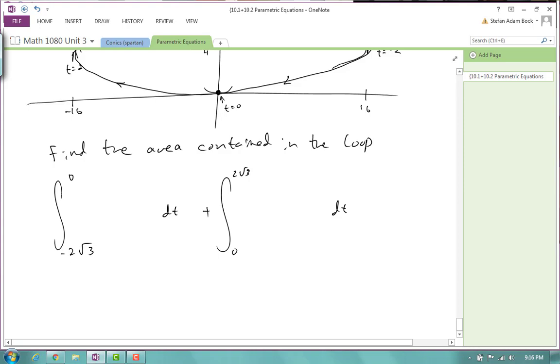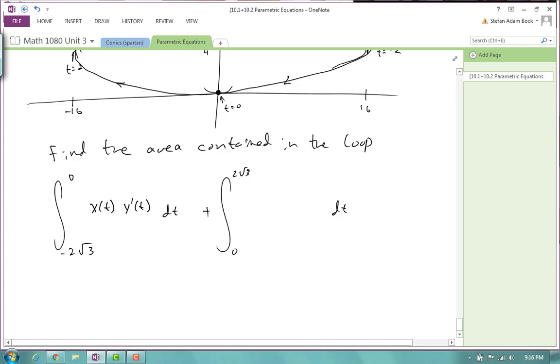But how do I find the area? Well, it's the long width of these rectangles multiplied by the tiny height of the rectangle. So this is going to be x of t for the heights and y prime of t for the widths.